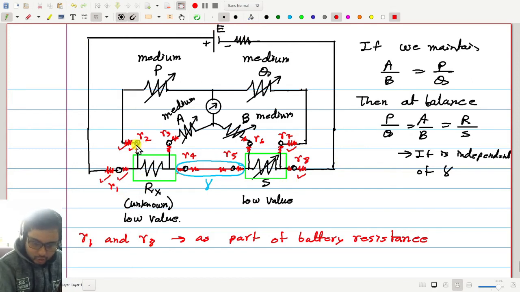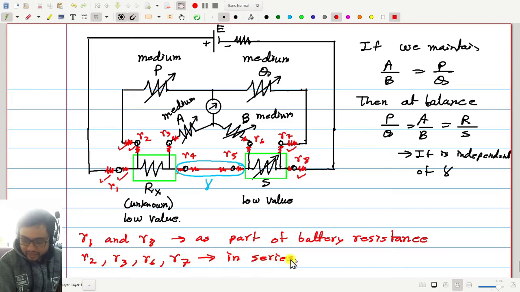Then R2, R3, R6 and R7, they are in series with larger resistances. So not a big problem.